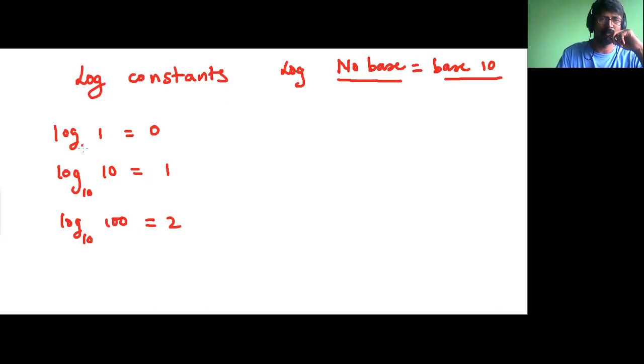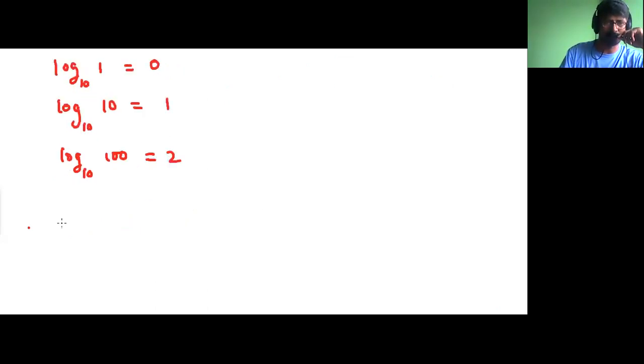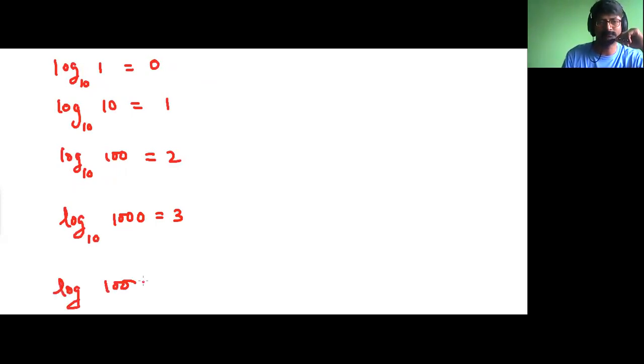Now if we take it further, log 1000 will be 3 because 10 power 3 is 1000. Log 1 lakh will become 5 because there are 5 zeros, isn't it? Now understand, if I do log of 0.1, what will happen?